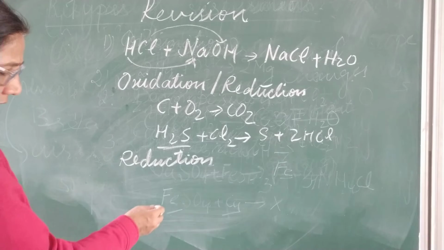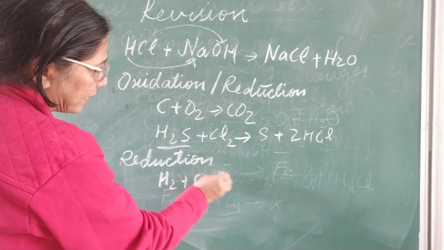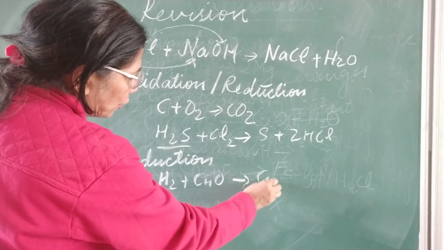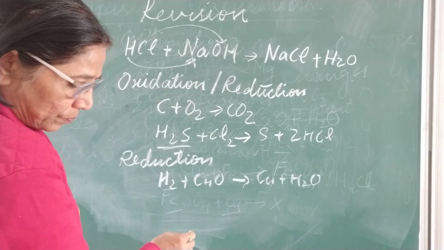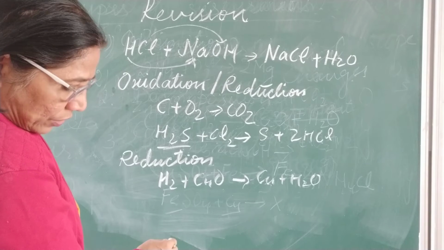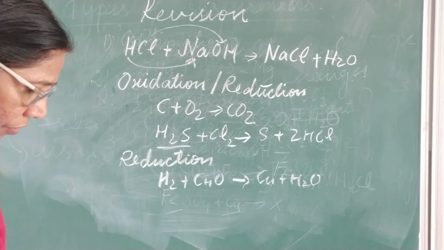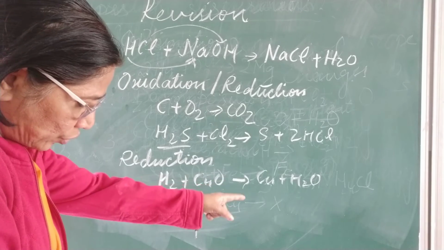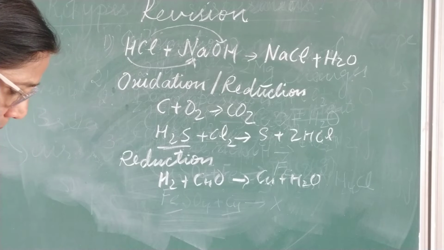So in this case, addition of hydrogen, Cu plus H2O, addition of hydrogen is taking place, and removal of oxygen, from this oxygen is removed, okay, and addition of hydrogen is taking place.